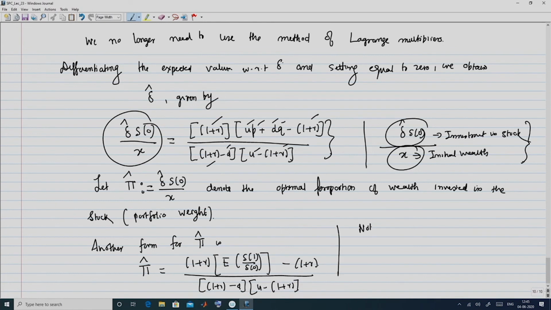And the last observation is that pi hat, that is the optimal portfolio weight, does not depend on the initial wealth level x.